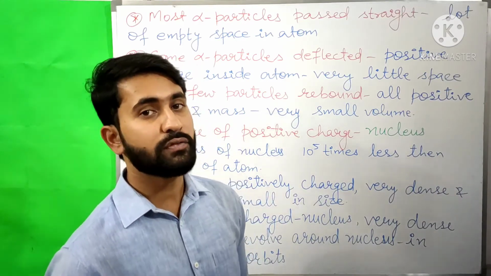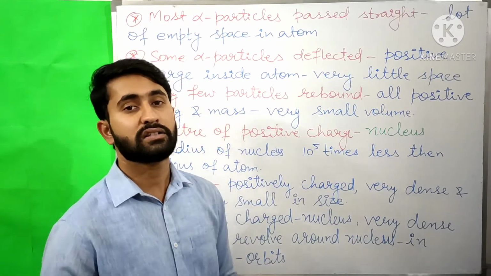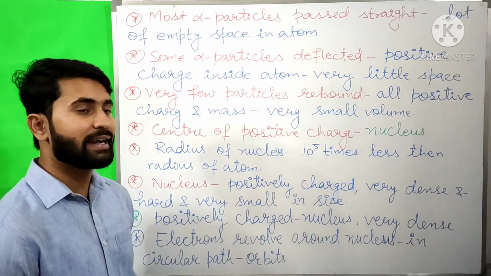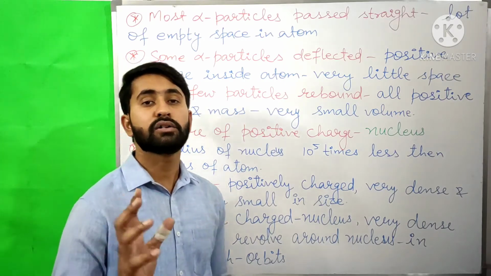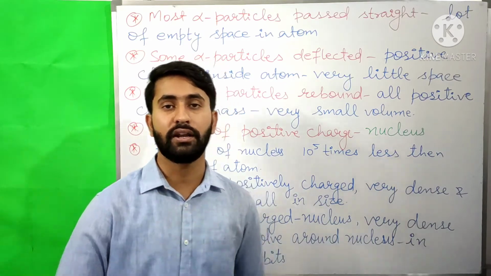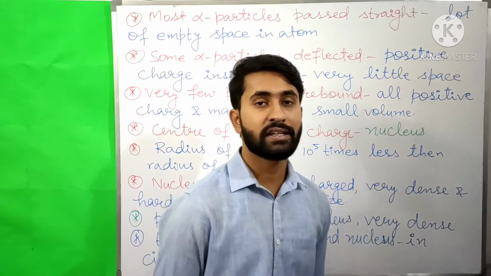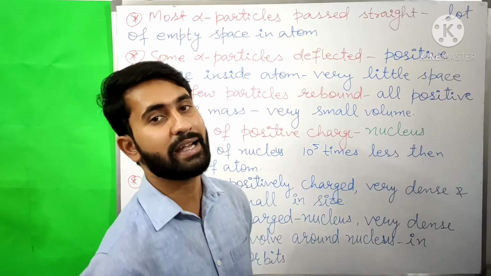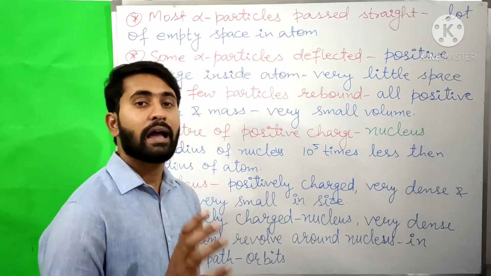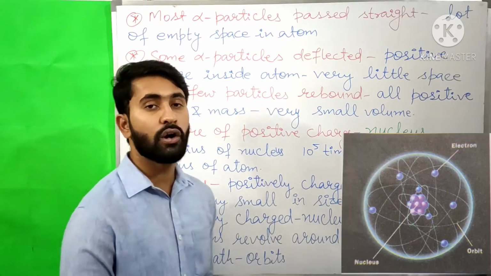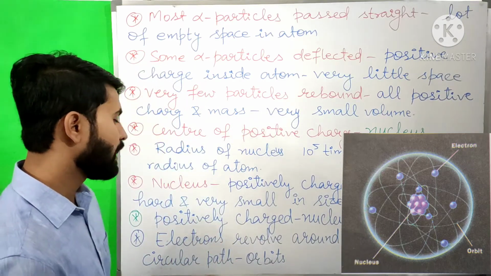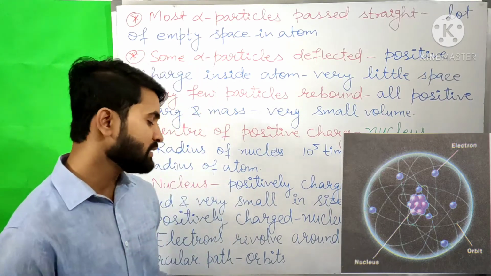On the basis of his observations, Rutherford gave an atomic model according to which an atom consists of a positively charged center known as the nucleus, which is very dense, and nearly all the mass of an atom lies within the nucleus, and the electrons revolve around the nucleus in fixed circular paths known as orbits.